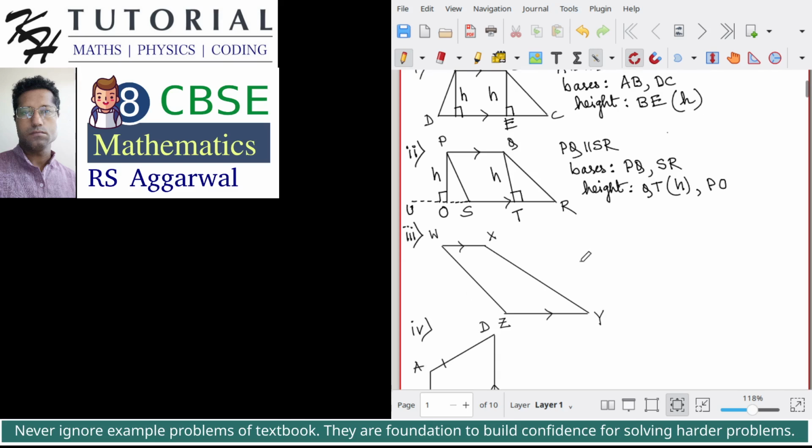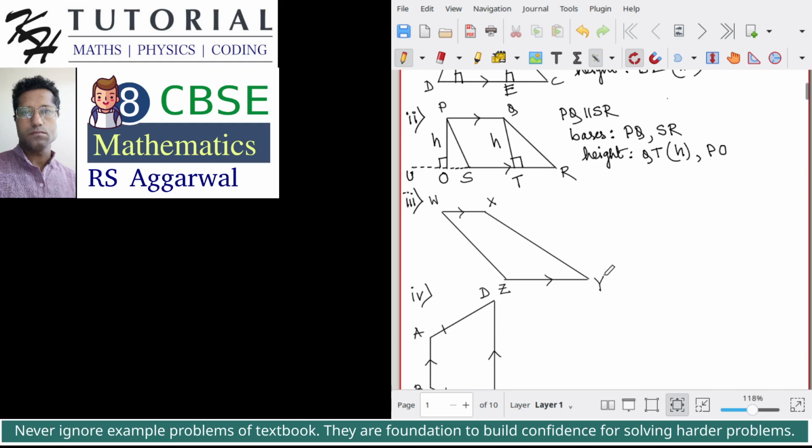Okay. For this trapezium in figure 3, as we can see, we have WX parallel to ZY. So the two bases are WX and ZY. Now to draw the height, let's extend the side ZY.